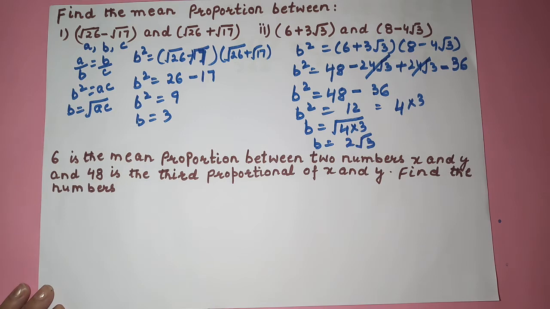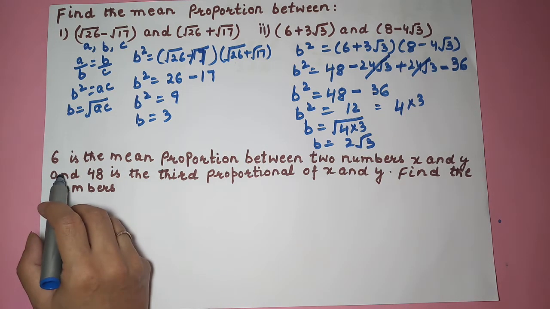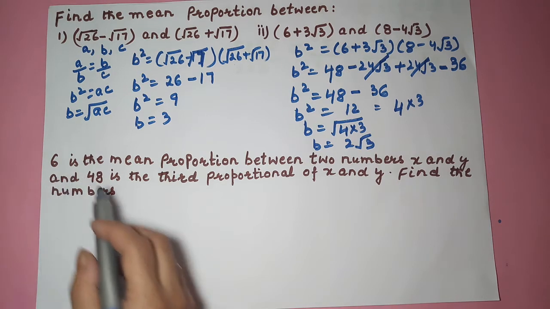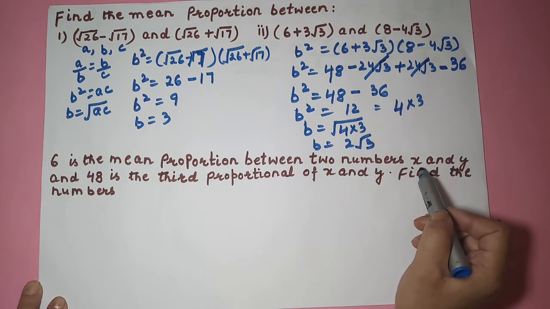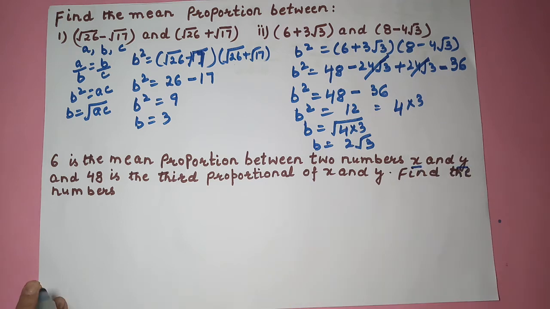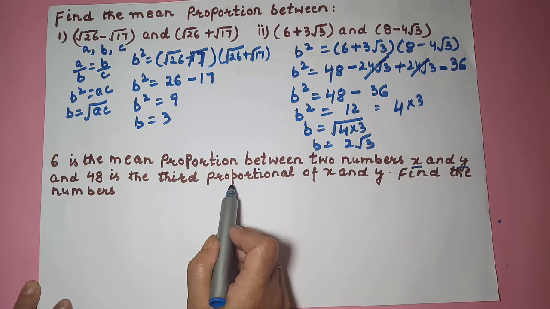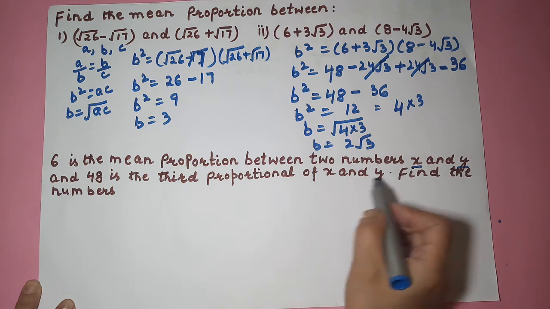Right? Okay. Now in the next sum, he's saying that 6 is the mean proportion between two numbers. He has given those two numbers as x and y, and 48 is the third proportional of x and y.